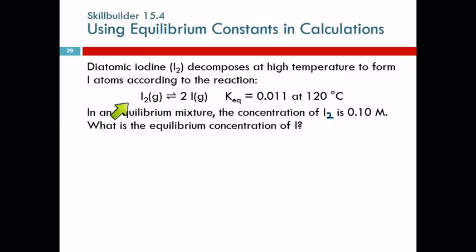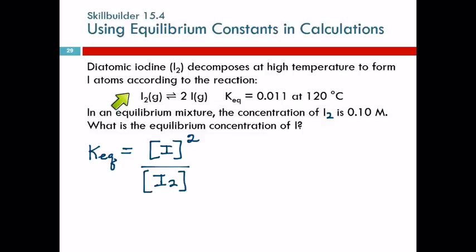So we look at this balanced chemical equation, and we say, well, KEQ is the product, which is just I. It has a coefficient of 2 in front of it, so then I square it, divided by the reactant concentration. If there was a number there, it would be 1, right?